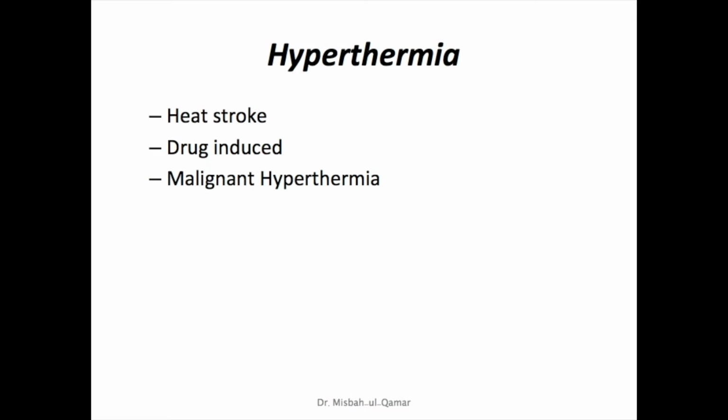Then there are different types, or you can say different forms of hyperthermia, such as heat stroke, or it could be drug induced, such as amphetamine or cocaine induced, and it could be malignant hyperthermia also, which is an inherited genetic abnormality in the calcium release in skeletal muscles, where increased release of calcium turns on the muscle contractions and excessive heat generation.